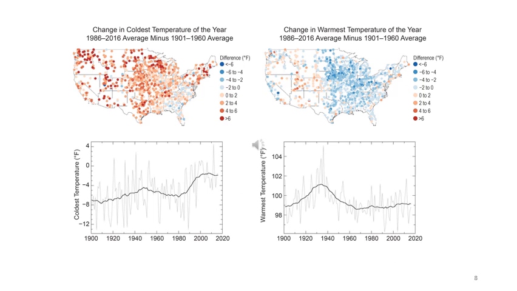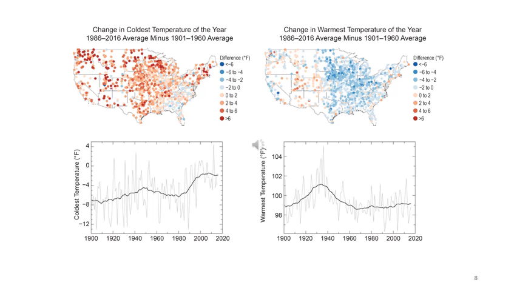So these maps and these graphs are also very interesting. What you see on the left side is the change in the coldest temperature of the year for the 1986 to 2016 average minus the 1901 to 1960 average. And everywhere we see those red dots, right, the more intense the red, the higher the difference, and the blue dots show the lower difference.